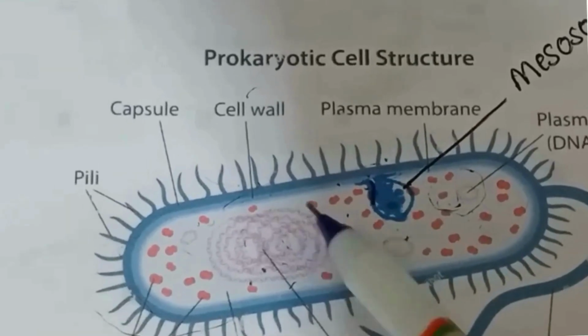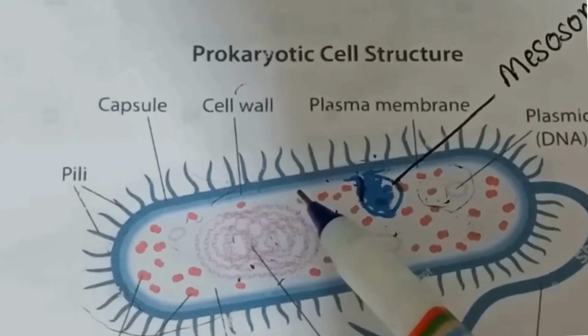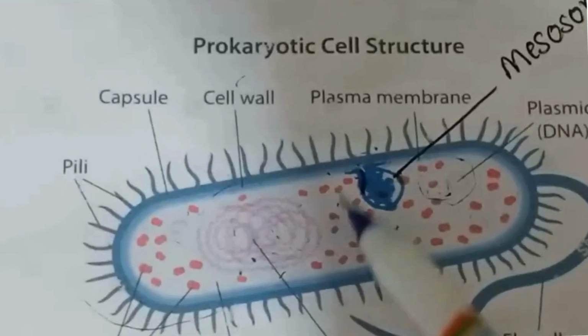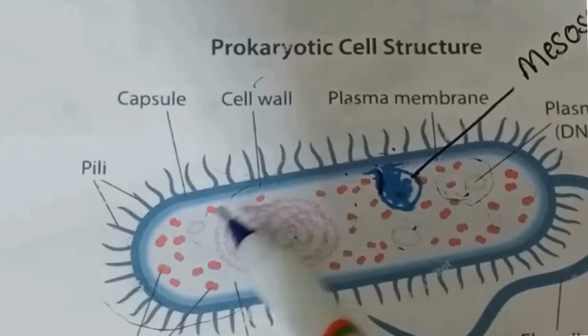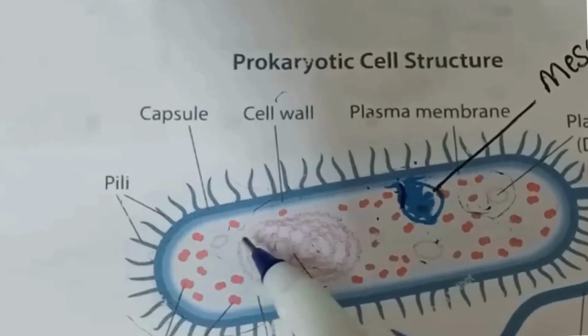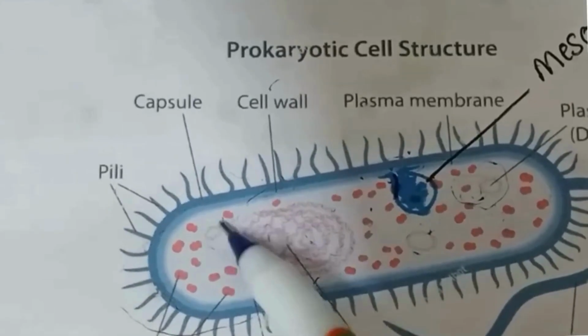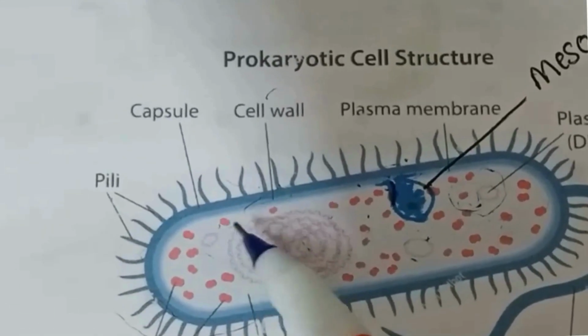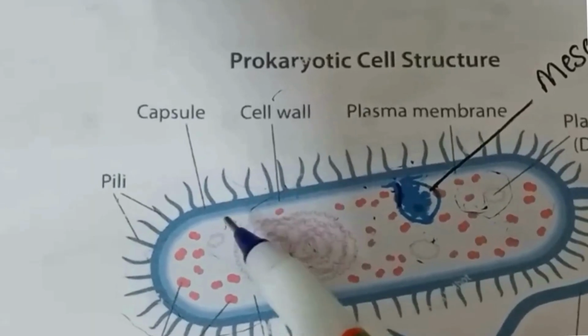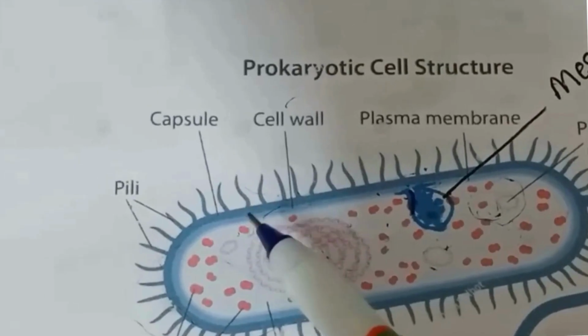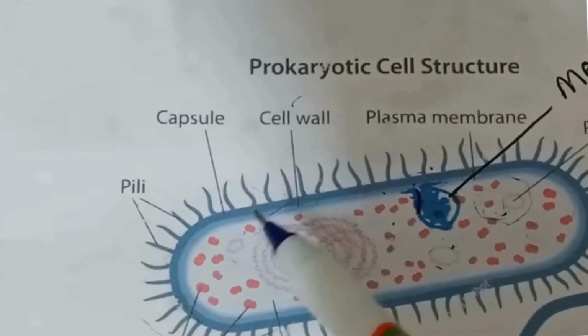It also contains genomic DNA, which is a single circular DNA. Outside the genomic DNA, it contains small circular DNA, known as plasmid DNA, which confers unique phenotypic characters to the bacteria, like resistance against antibiotics, etc.